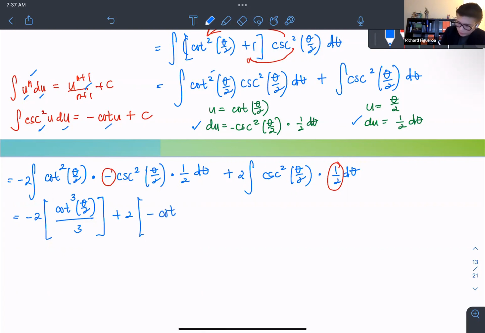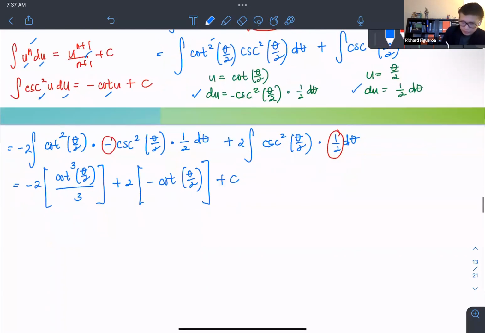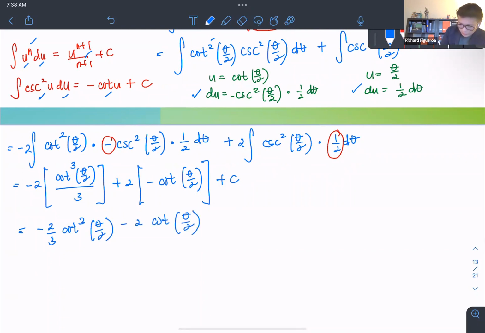Negative cotangent of our u, theta all over 2. Then plus c. So our final answer would be negative 2/3 cotangent cube theta all over 2 minus 2 cotangent theta all over 2 plus c.